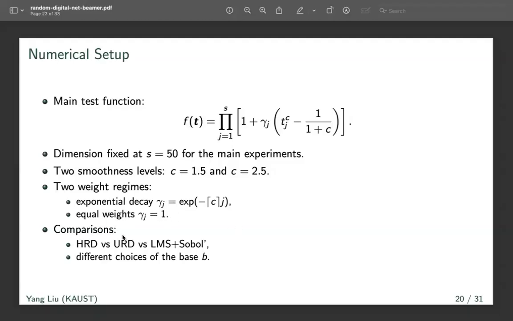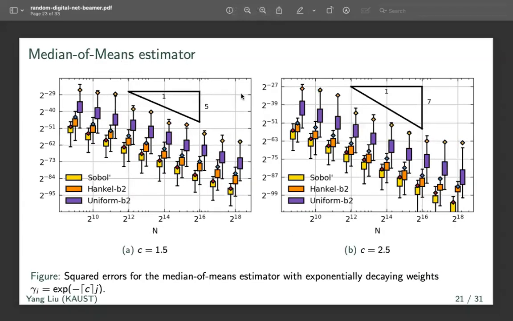For comparison, we'll compare the Hankel random design versus URD, uniform random design, versus the linear matrix scrambled Sobol sequence. And we also present the results concerning different choices of the base B. So the first is the plotted squared error of the median of means estimator.